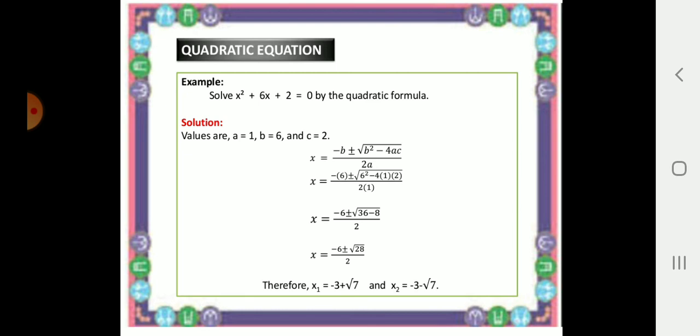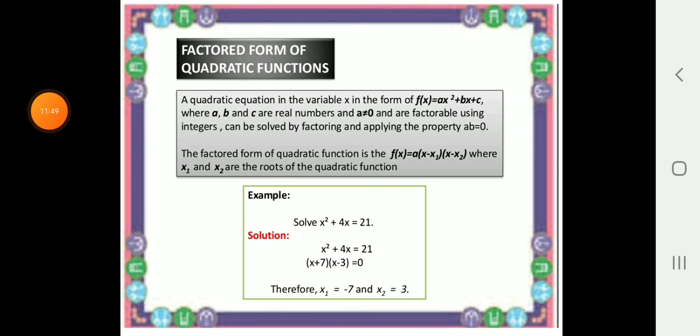So x equals negative 6 plus or minus the square root of 28 over 2. So therefore x1 equals negative 3 plus square root 7 and x2 equals negative 3 minus square root 7.